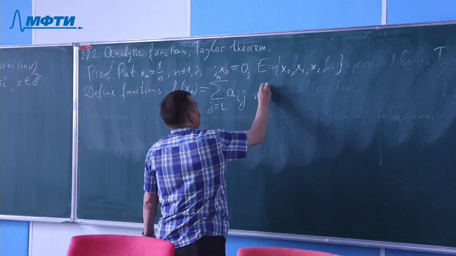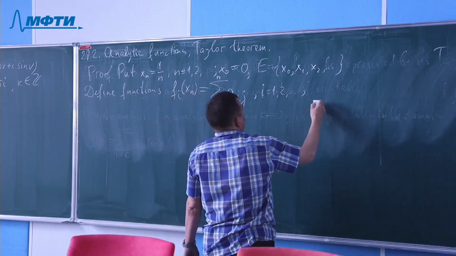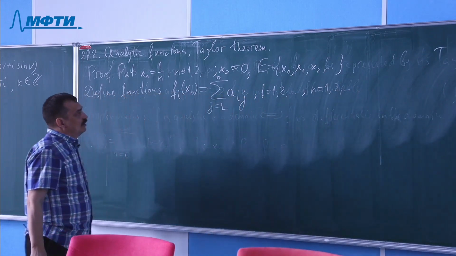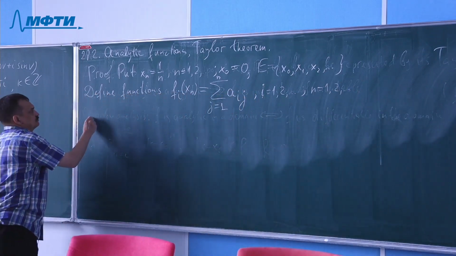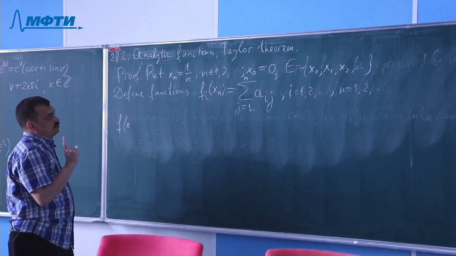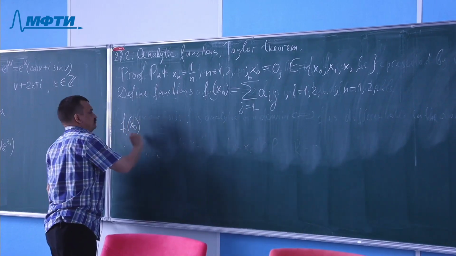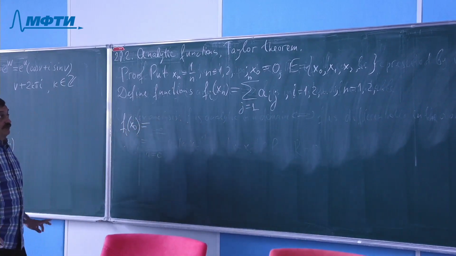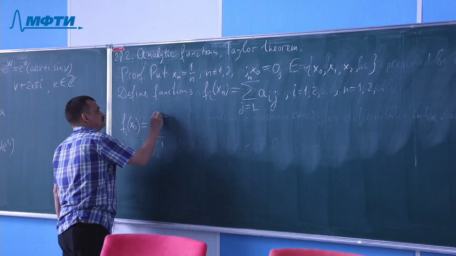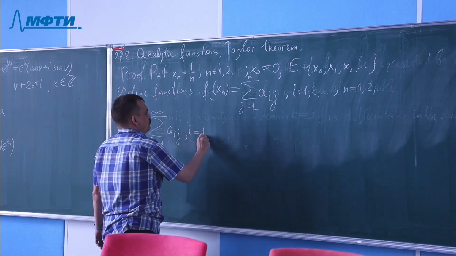So here i varies from 1 and so on, and j from 1 to so on. Also, f_i of x_0 equals, by definition, the sum of the series a_ij, j from 1, and so on.